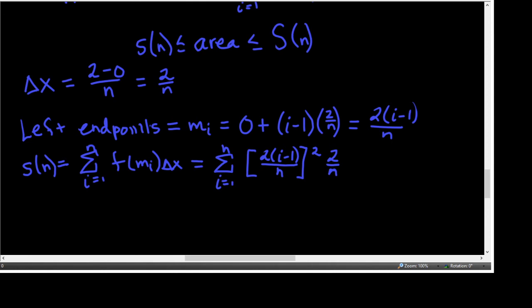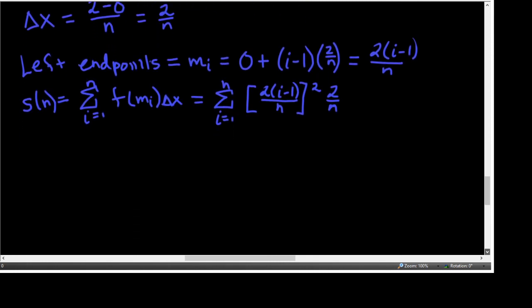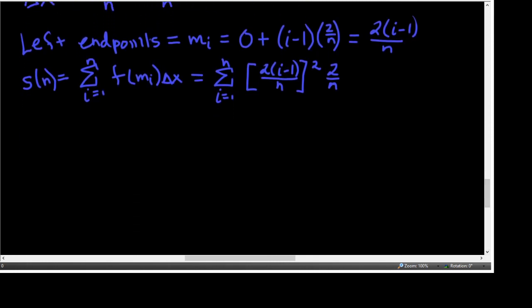Okay, so let's go through and do some algebra to simplify this. Notice even for this simple function, there's quite a bit of algebra involved, so make sure that your algebra skills are up to par here. All right, so doing a little bit of simplification behind the sigma first.